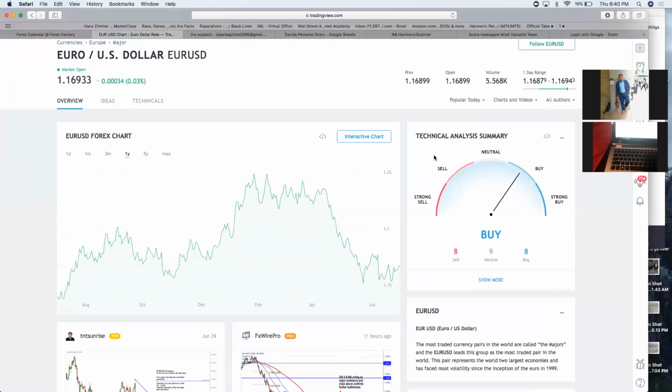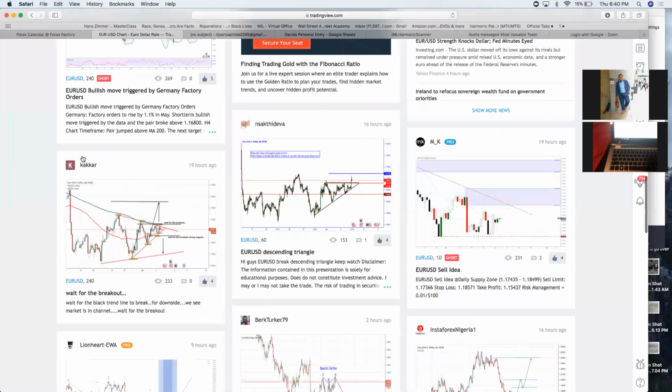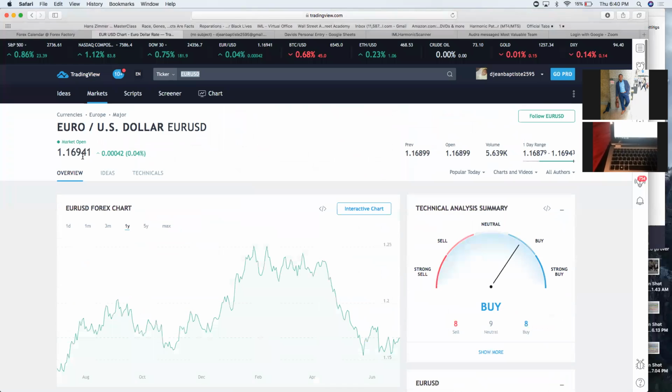All right. So on the top left, you're going to see the market price as of right now, the currency pair, and you're going to see 3 tabs: overview, ideas, and technical. So this is just the overview of what's going on in euro USD.